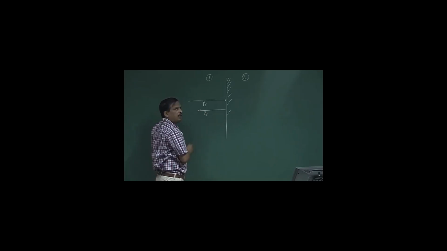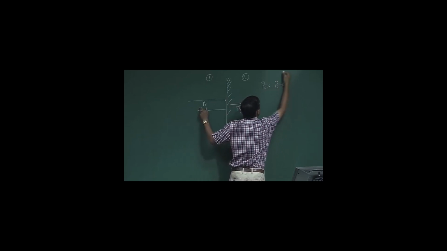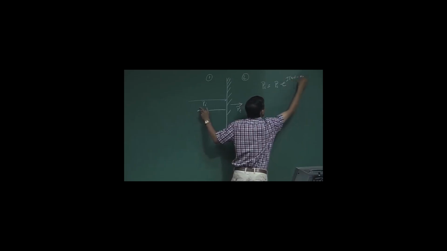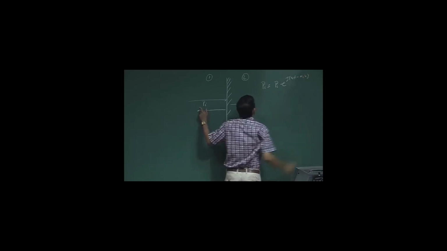PR is the reflected wave, and some portion of the wave will be transmitted into the second medium, that is PT, the transmitted pressure wave. So what is the expression of Pi? Pi is the amplitude times e to the power j omega t minus k1 x.